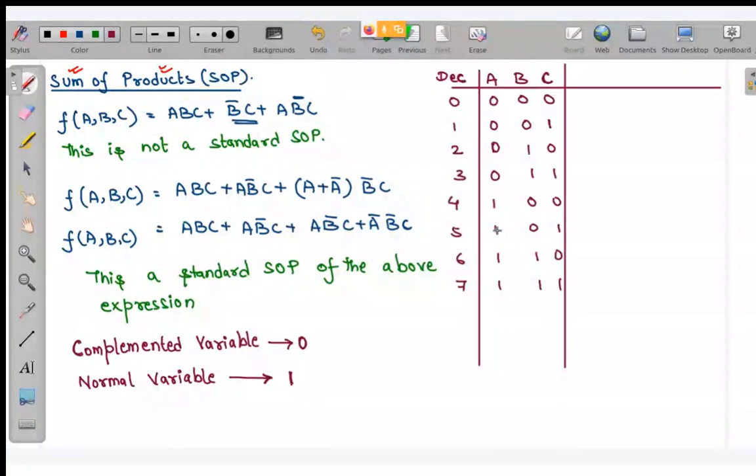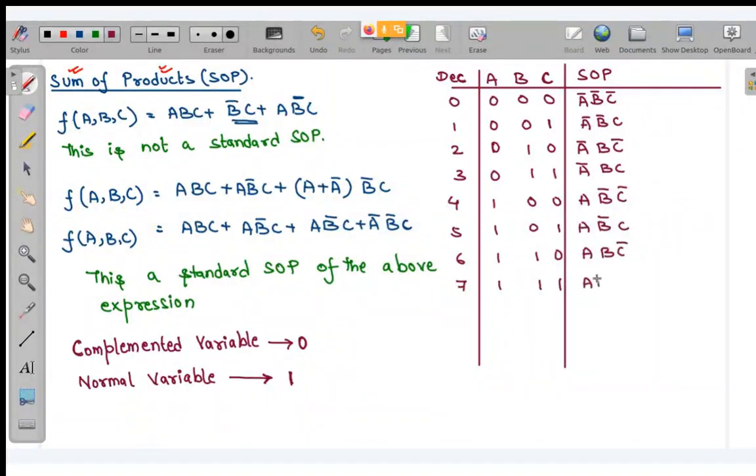The corresponding SOP term for the first configuration will be A complement, B complement, C complement. Next, A complement, B complement, C. Then A complement, B, C complement. Then A complement, B, C. Then A, B complement, C complement. Then A, B complement, C. Then A, B, C complement, and the last term will be A, B, C.